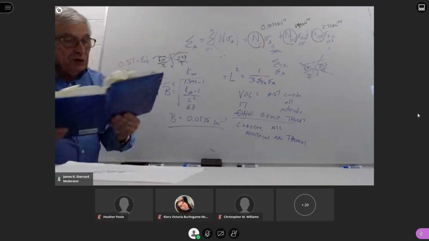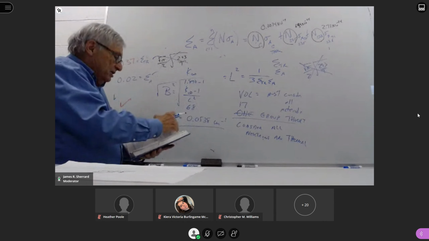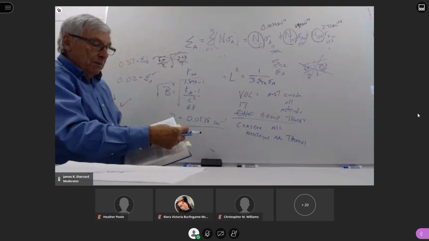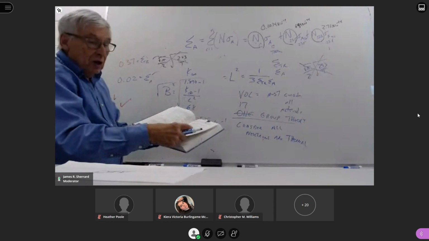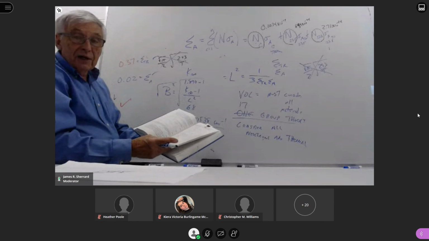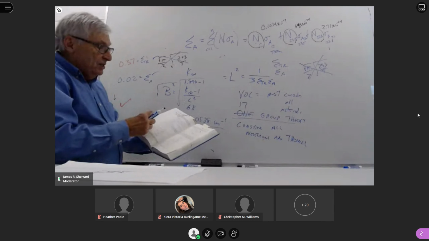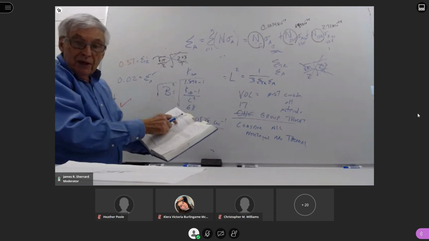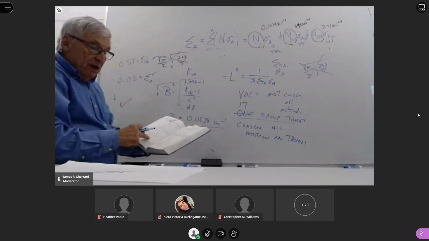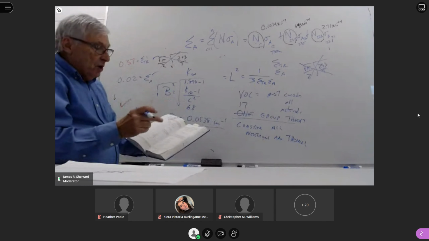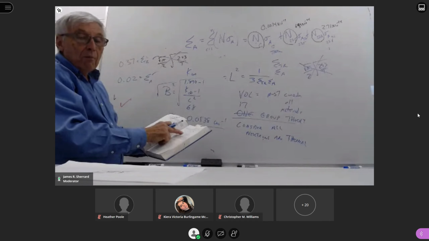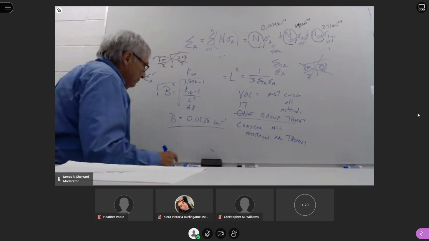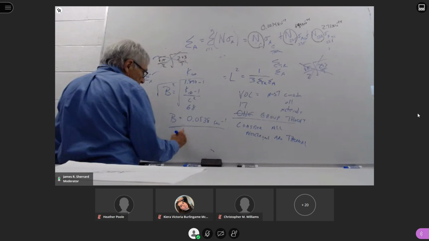In your textbook, example number 1 on page 251, I put a paper clip because I know I'm always going to go back and use that page for calculating K infinity. Likewise, I put another binder clip on page 260, because I know I'm always going to be coming back here for whatever fuel and moderator mixture I have in order to calculate buckling. So we have just calculated buckling.